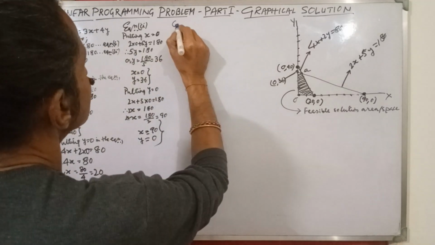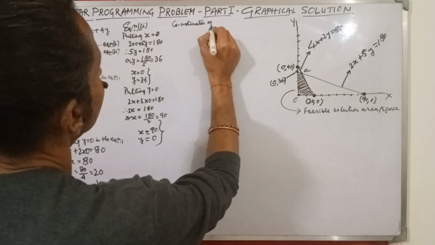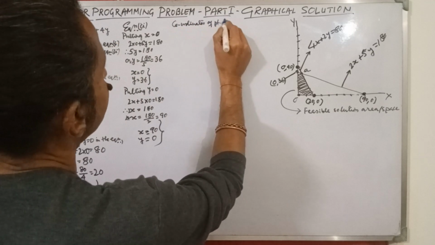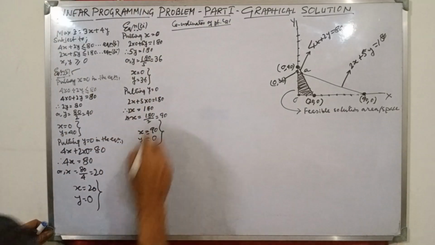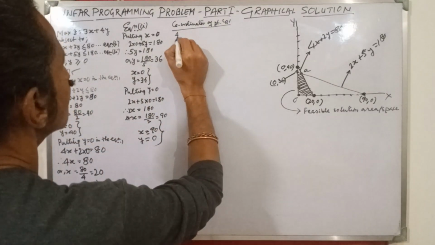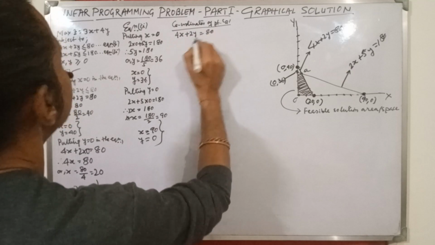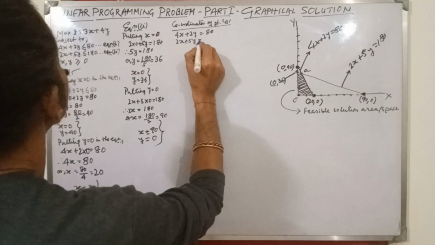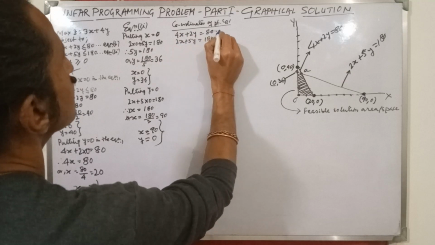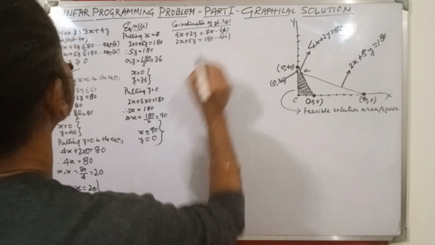So here you write coordinates of point A. What are the equations? The linear constraints, 4x plus 2y is equal to 80 and 2x plus 5y equals to 180. This is equation 1 and this is equation 2.